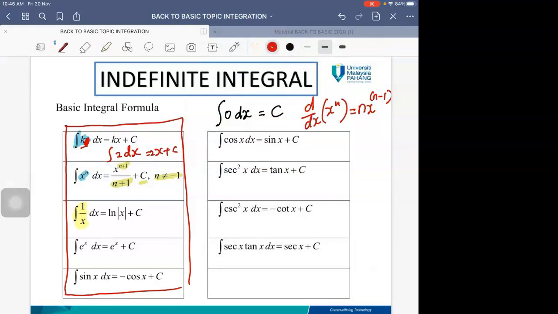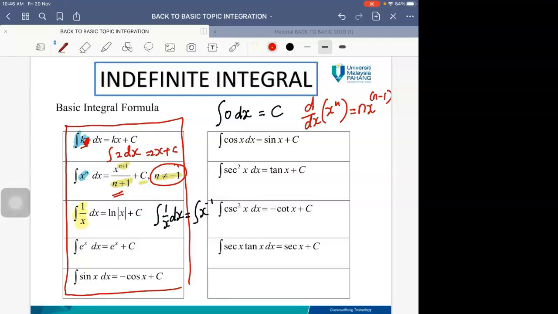If I rewrite this, it is integrate 1/x dx, which is also integrate x to the power -1. That's why we have the information here: this formula is not applicable when n equals -1. Why? Because if your power is -1 and you add 1, you get 0.